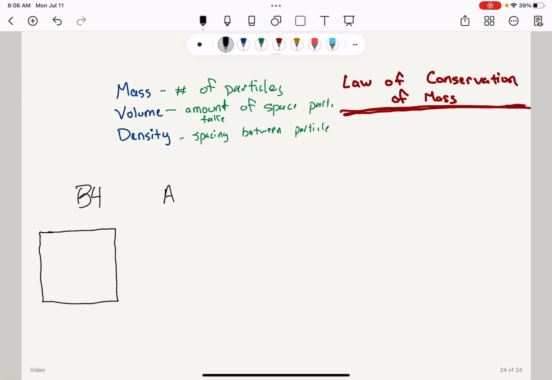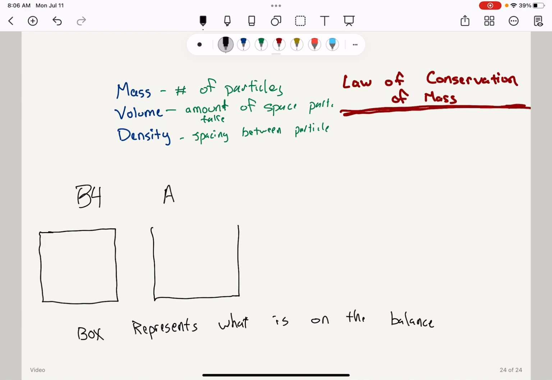This box represents what's on the balance. In other words, I'm recording the mass of the object, okay? Then after would be whatever made it back onto the balance, okay?